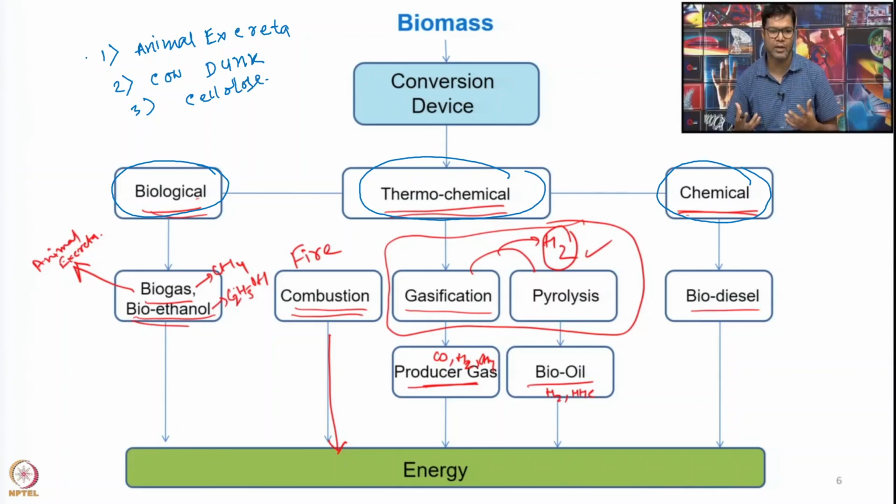These are the things. What is happening in the biological process? In the biological process, some microbes or microorganisms go in and decompose these things, and after the decomposition biogas will be generated.